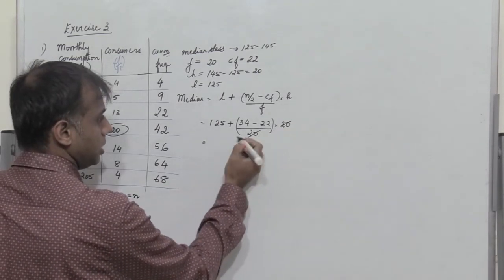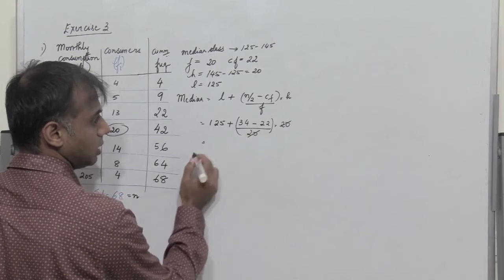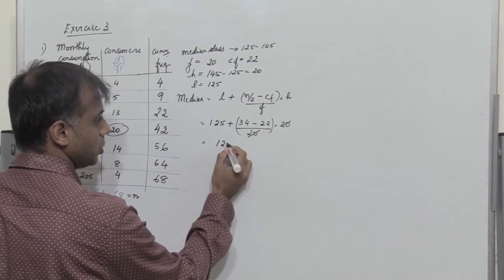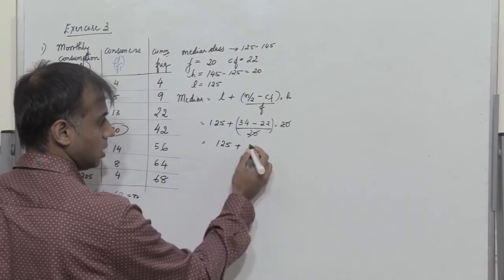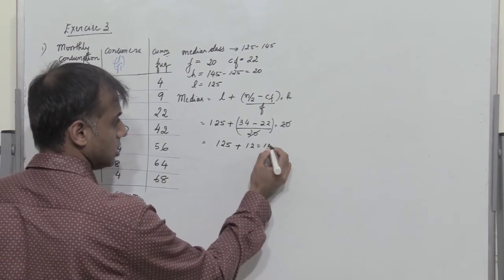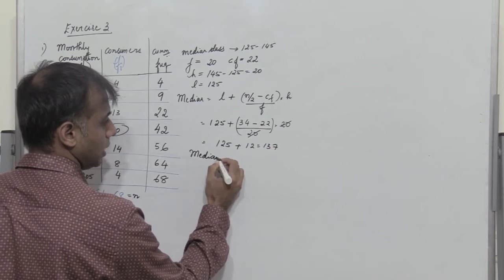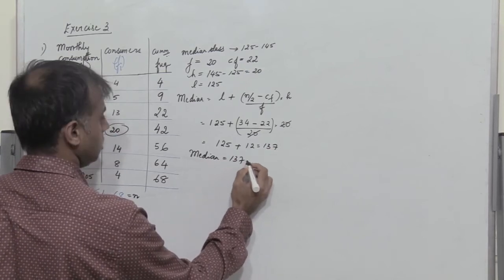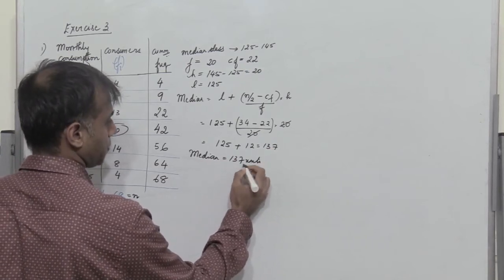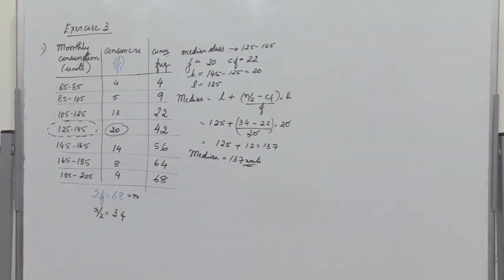Now 20 I can cancel, so we get the value as 125 plus 12 which is 137. So the median value is 137 units. Because we are trying to find the monthly consumption, the median value is 137 units.